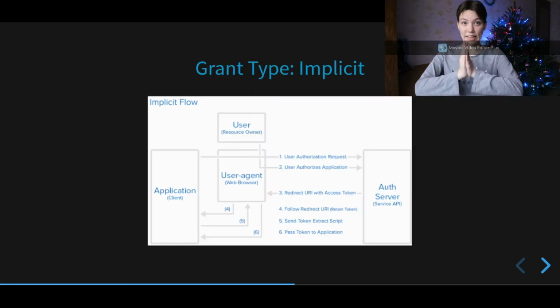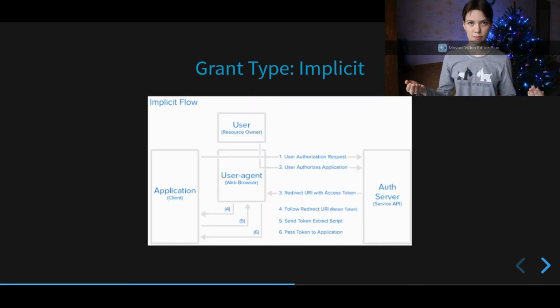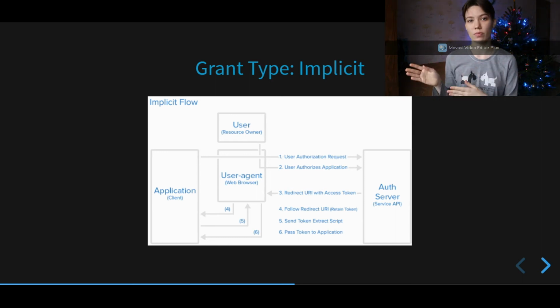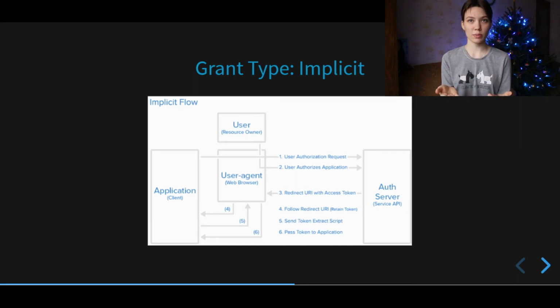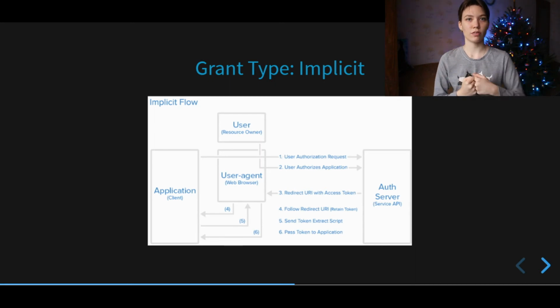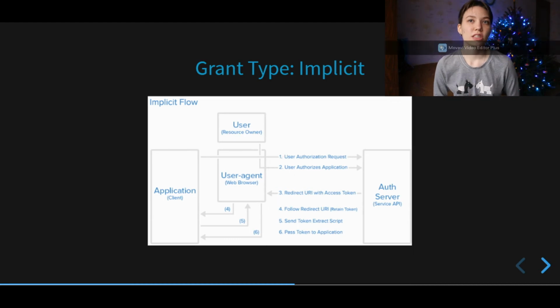Okay, next, grant type implicit. You can see the scheme of how it works. The implicit grant type is used for mobile apps and web applications that run in a web browser, where client secret confidentiality is not guaranteed.